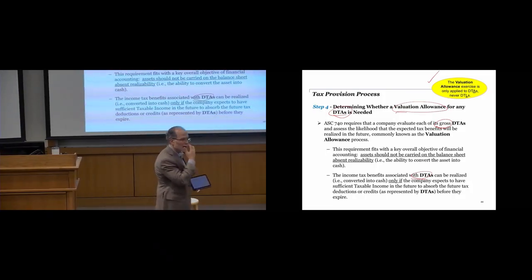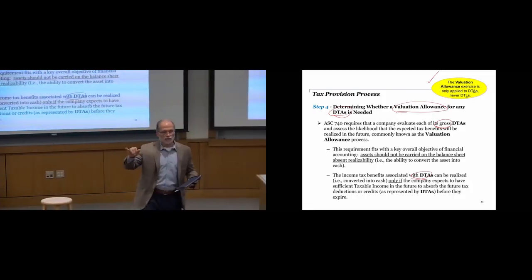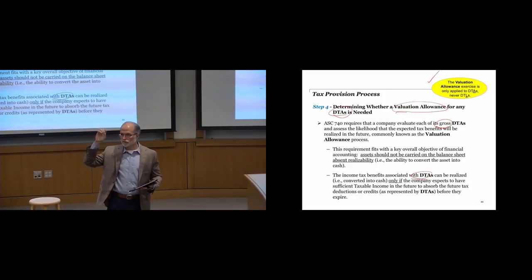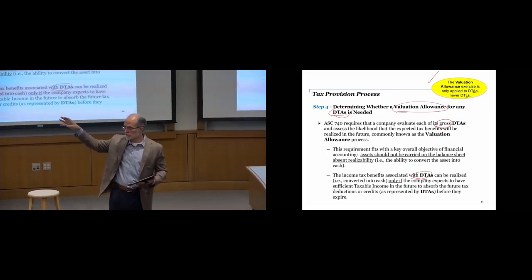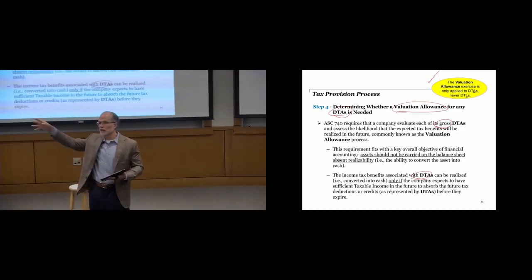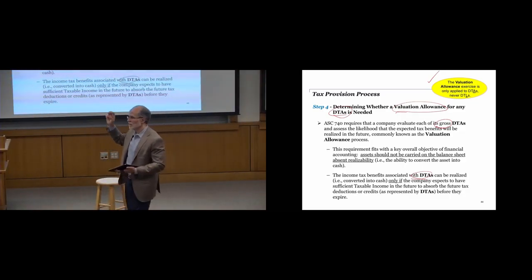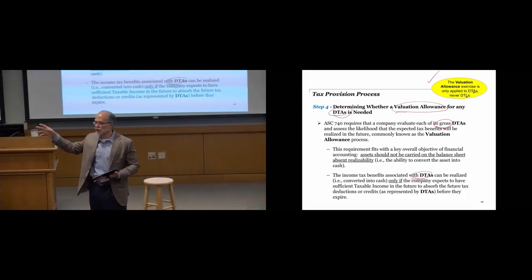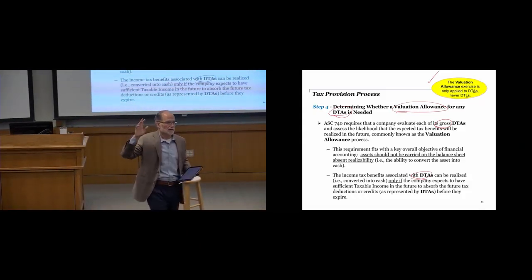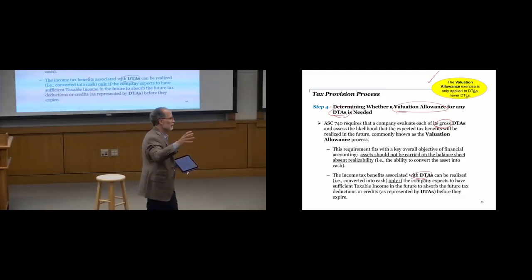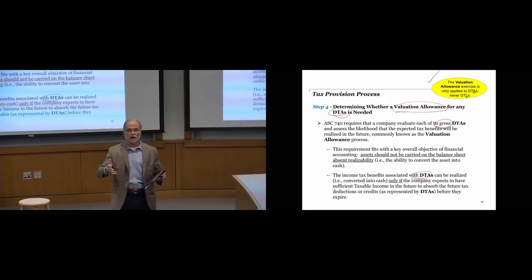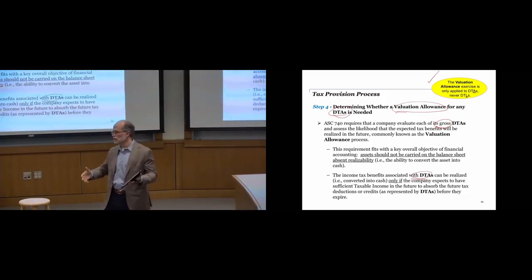So, we're going to be dealing with book tax differences that give rise to future deductions. Future deductions are only worth something to you if I have future income, right? So that's what we're going to be testing against. In the future, do we have sufficient income to utilize those deductions? That's before we can keep the gross DTA on the books.